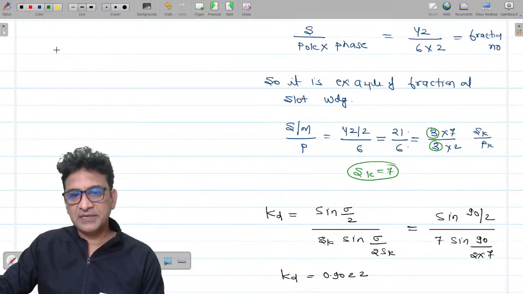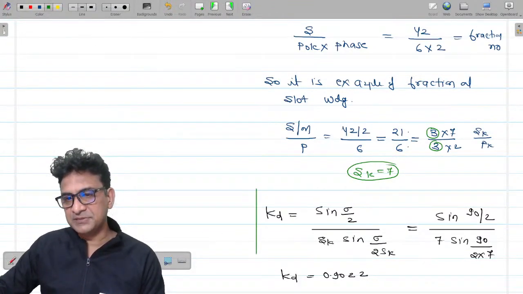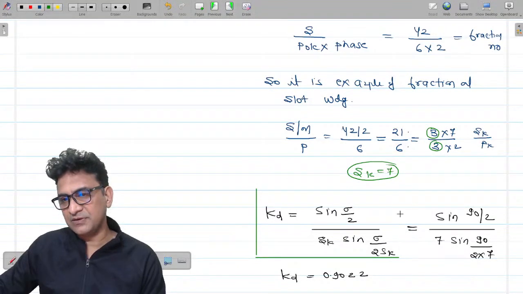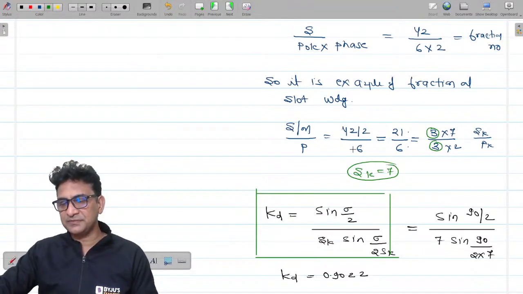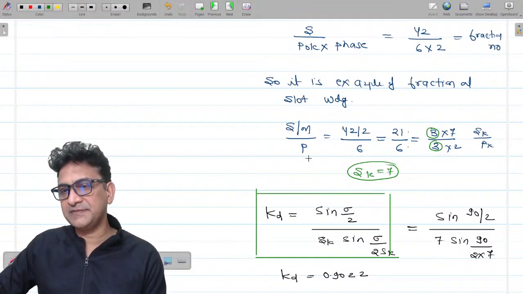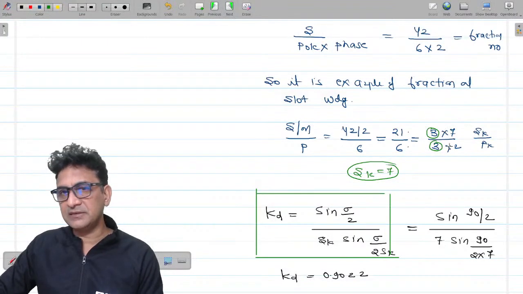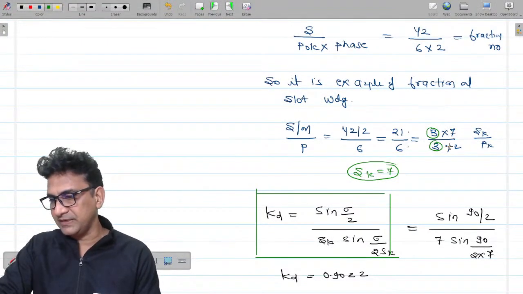So this is the formula that we have to use to find out the distribution factor of a fractional slot winding, in which Sk will be the numerator of slot per phase divided by pole, by eliminating the maximum common factor.